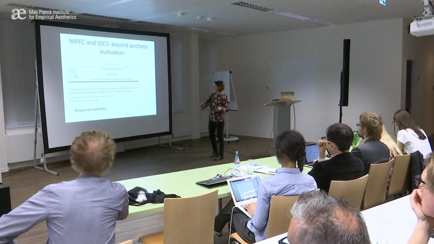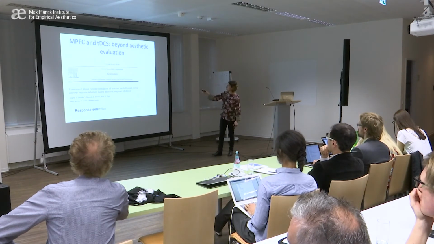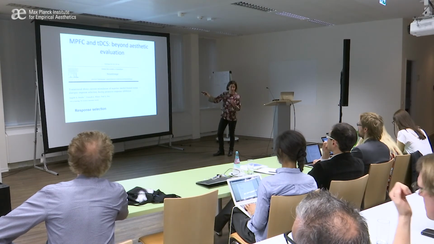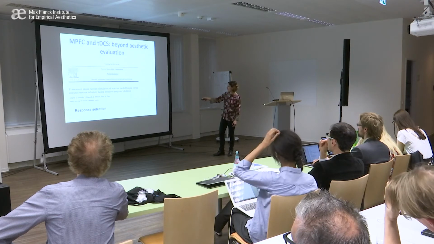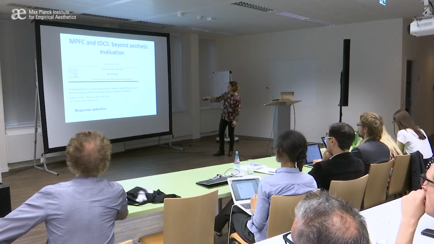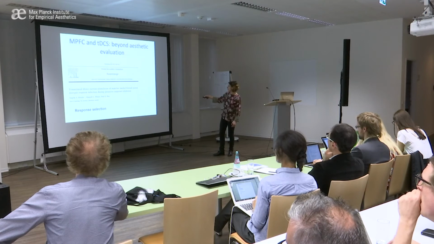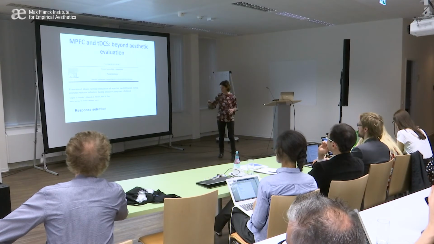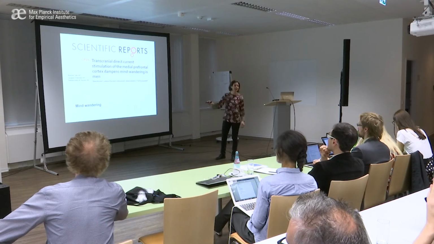I'm just putting it on the desk because I was looking for the papers that came out this year and last year on tDCS and the dorsomedial prefrontal cortex. I found this one showing that stimulating the medial prefrontal cortex affects response selection in a task that has nothing to do with aesthetics. Mind wandering, so this is nice.